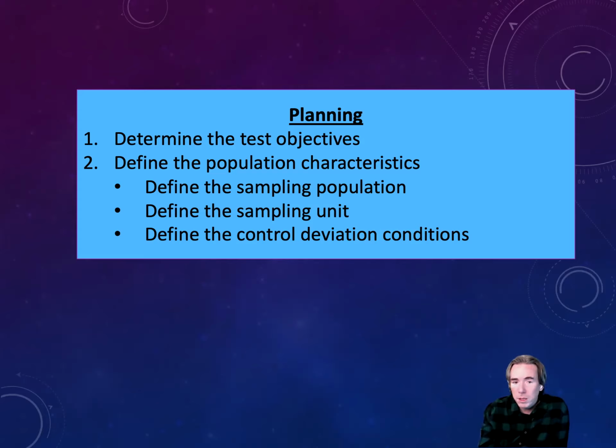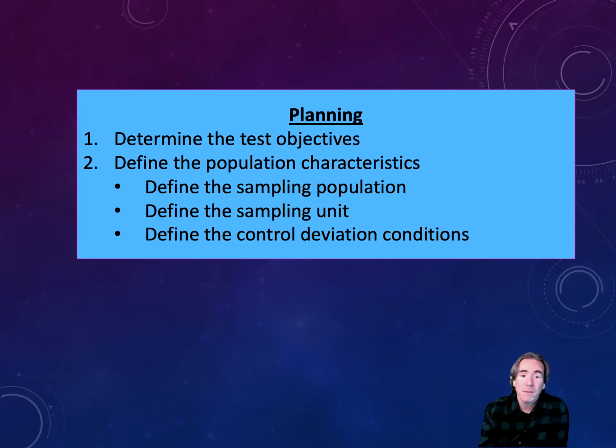It's very important you define the control deviation before you begin. If an item is missing, is that a deviation, or is that something that needs to be redrawn? Depending on the test you do, you'll have different responses. Generally, for example, a missing form is considered defective, but one that's been voided is not defective and would be replaced.